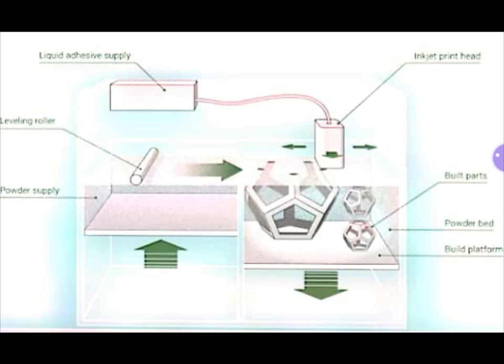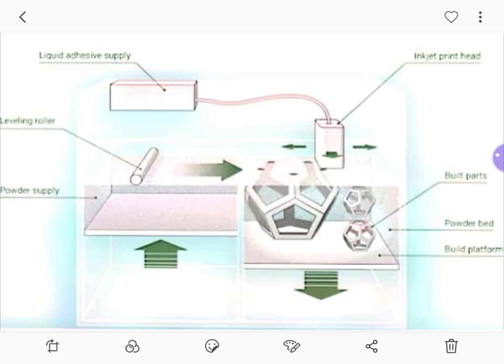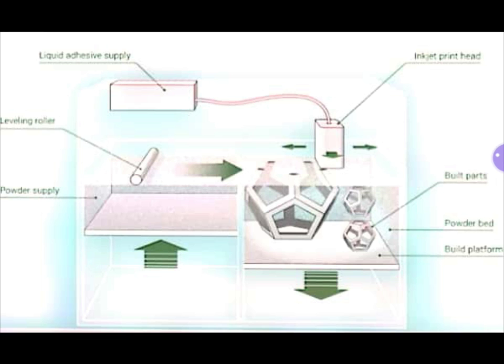And also at the bottom you are seeing two containers. In the first container we are going to use the powder material, which may be either metal, polymer or ceramics, and in the second container we are going to build the 3D objects.